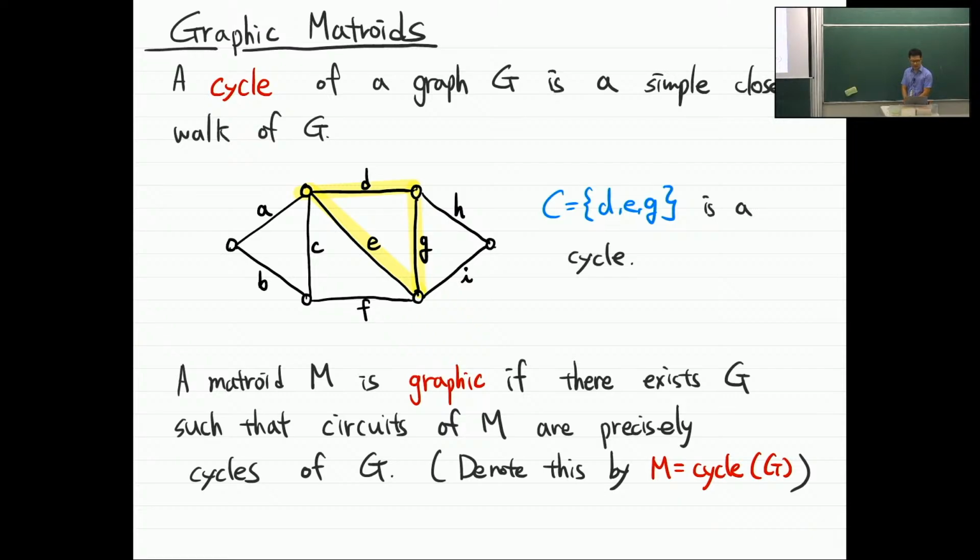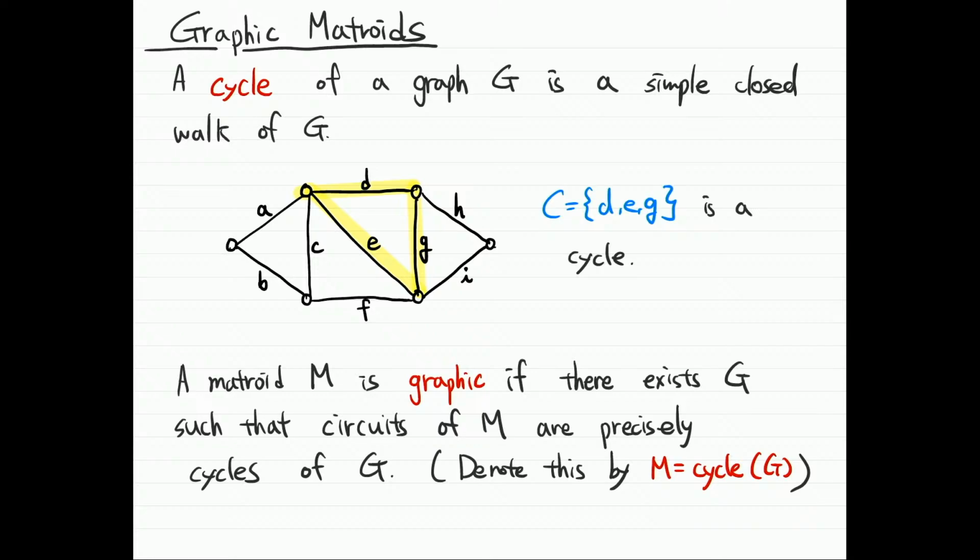So let me start with the simplest class with graphical representations, which is graphic matroids. For a graph in this talk, we allow parallel edges and loops, and a cycle of a graph is a simple closed walk of the graph.